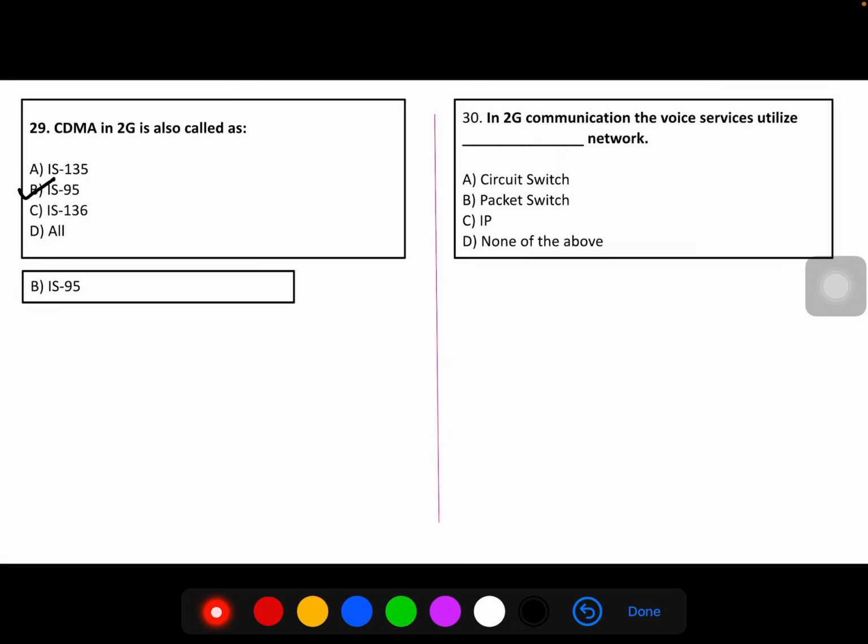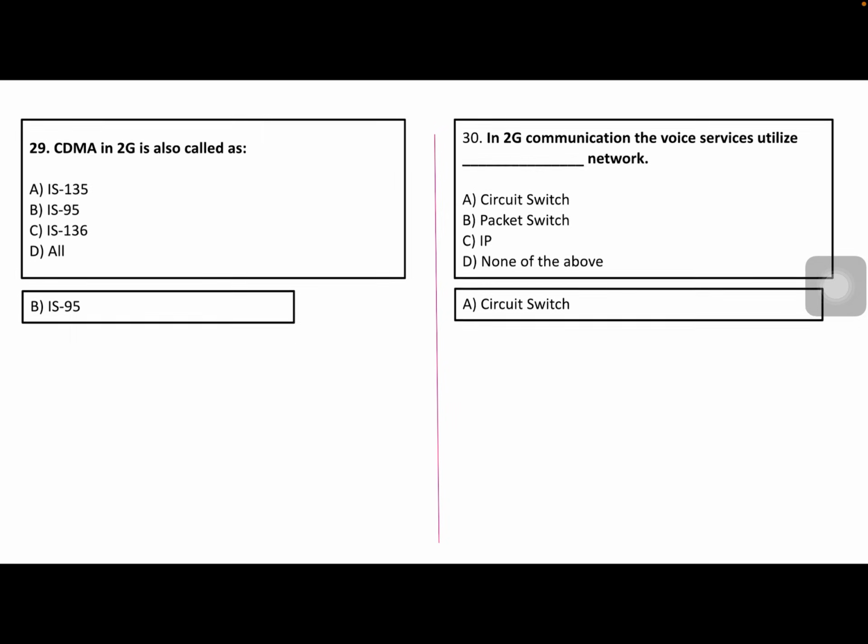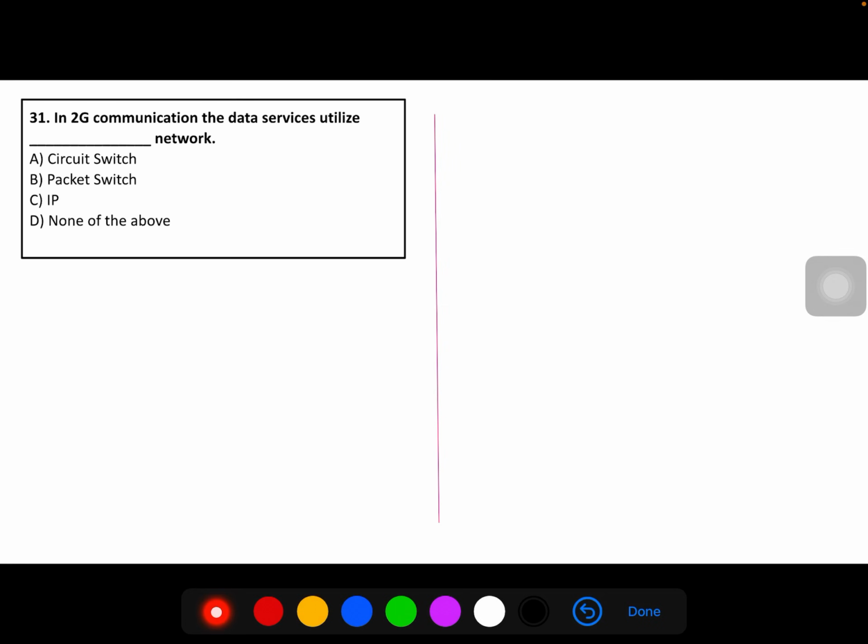As I told you in the previous question, for voice communication a circuit switch network is followed. So the correct option is A. And for the data part, a packet switch network is used. Next question. In 2G communication, the data services utilize dash network. Now it's the data part, so it will utilize a packet switch network. So the correct option is B.